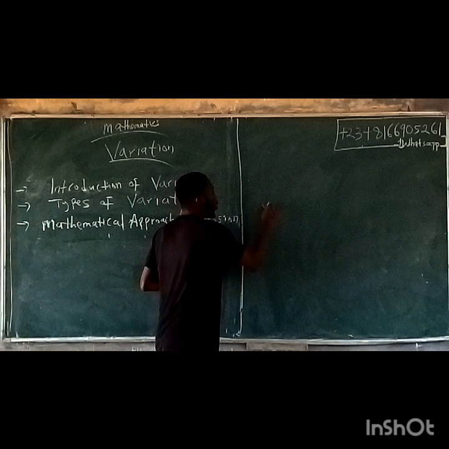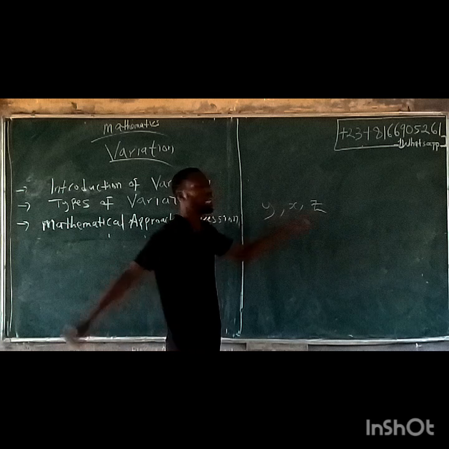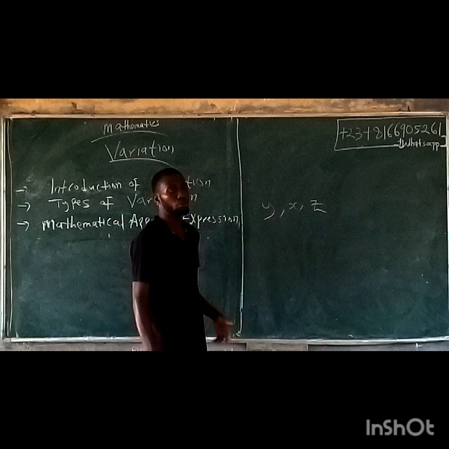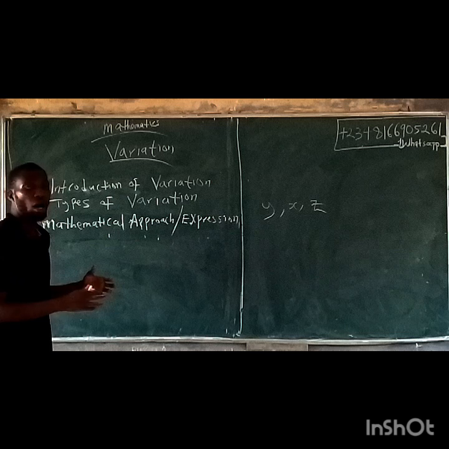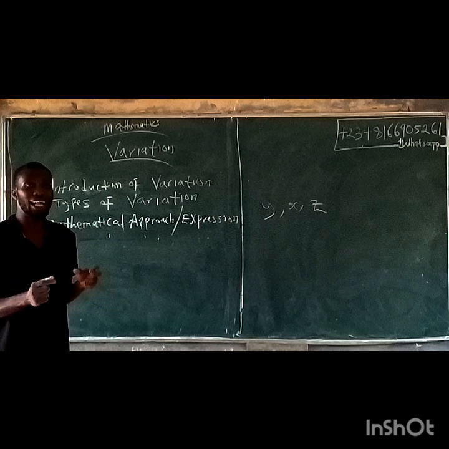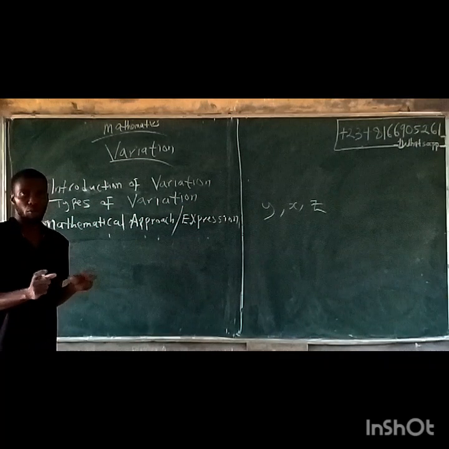For instance, y, x, z. These are variables. When we talk about the relationship between two or more variables, we are looking at how they relate, the interaction of the variables.